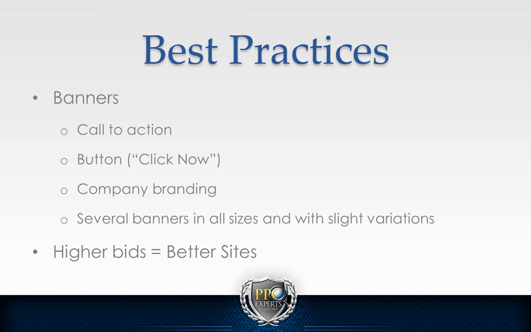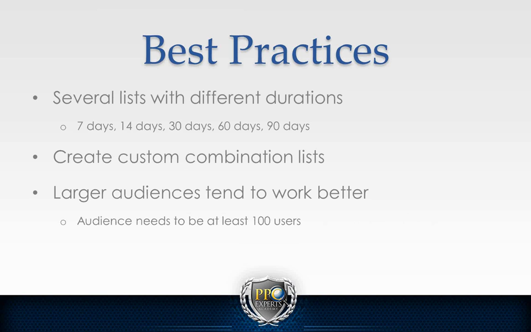But this is Google's bargain sites. These are the sites that really nobody wants to be on, and so Google puts you there. So when you bid higher, you get on better sites. If you want to show up on CNN and maybe the Wall Street Journal and those types of things, then you have to bid higher.